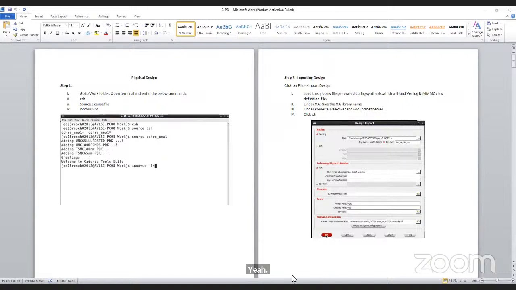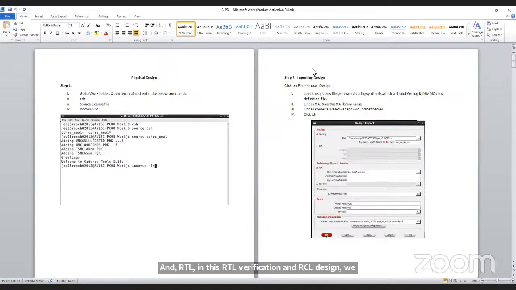So today's session we will be covering the internship training I am giving, which is completely related to the Cadence tools. For Verilog, RTL verification and RTL design, we use the Cadence Xcelium tool.